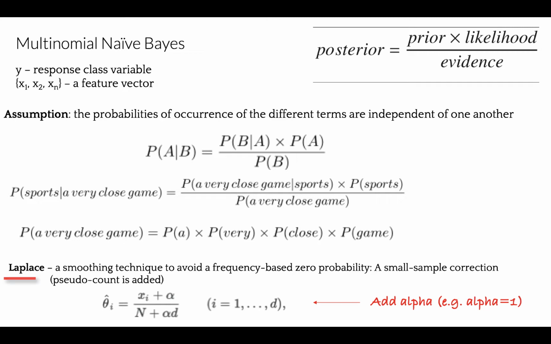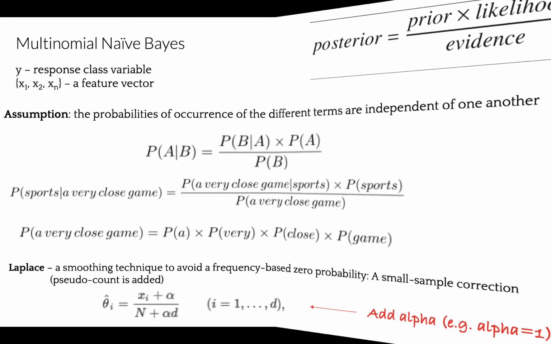A small sample correction, or pseudo-count, will be incorporated in every probability estimate, as you can see in the formula at the bottom, where we add alpha to the numerator and denominator. In this case, we could set alpha equal to 1, for example.